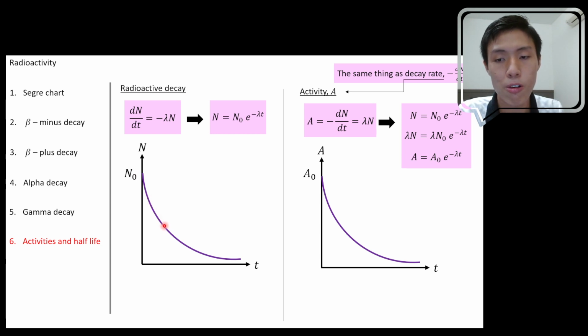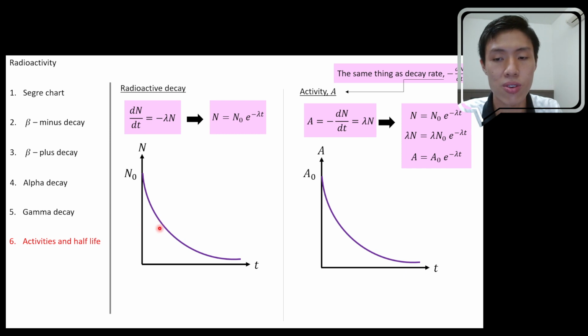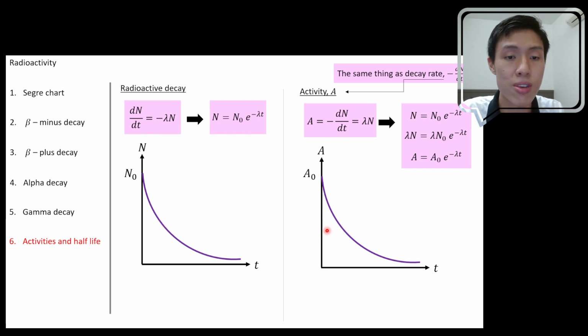Once the number of parent nuclei has decreased, there are fewer parent nuclei waiting to be decayed, so fewer decays happen per unit time at a later stage of the decay process. Fewer decays per unit time is equivalent to a less intense activity. So you can see that the activity also drops exponentially with time.